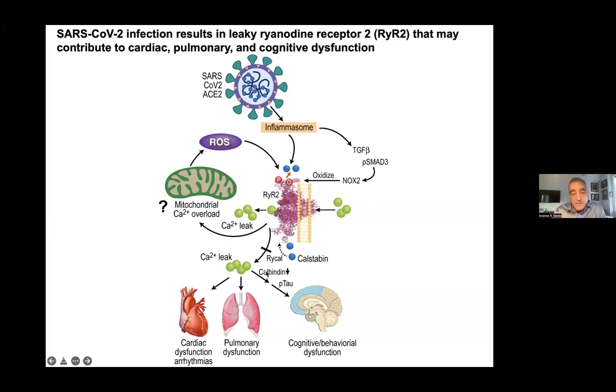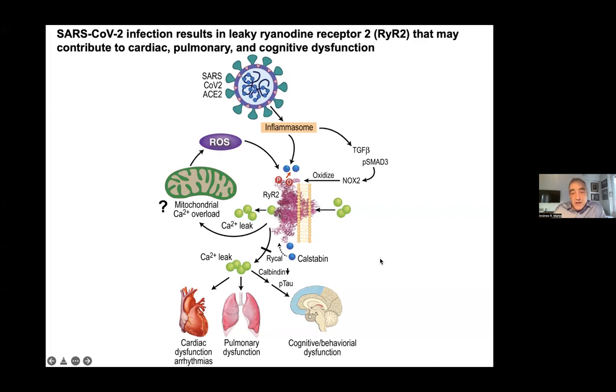We also found evidence of leaky ryanodine receptors, by the way, in the hearts and lungs of these same patients, suggesting that there could be a role for this calcium leak in the observed abnormalities in cardiovascular function and potentially also in the lung defects.